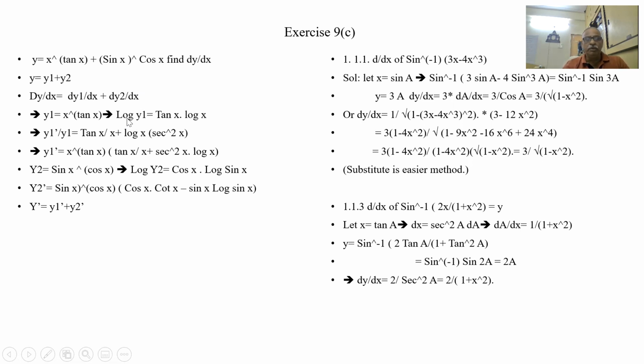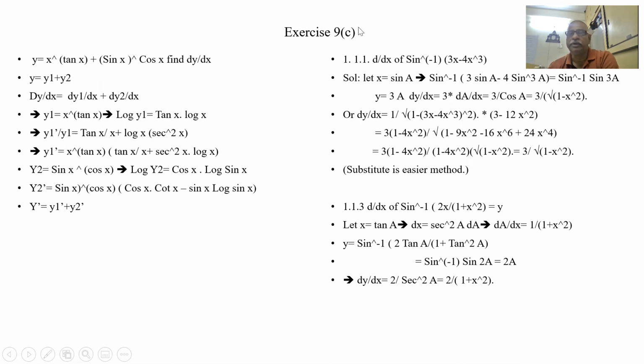Now differentiate: 1 by y1 into y1 dash is equal to tan x into 1 by x, differentiation of log x, plus log x into secant square x. So we will get y1 dash. Similarly, we will get y2 dash. So y1 dash plus y2 dash is my dy by dx. Whenever we have to identify separate functions, we have to do them separately.